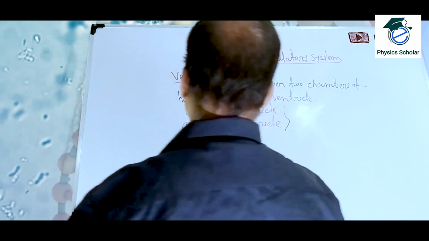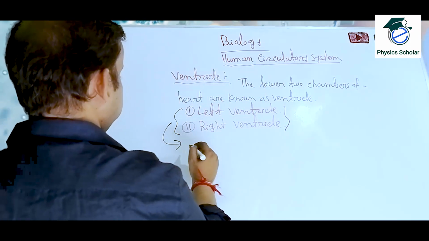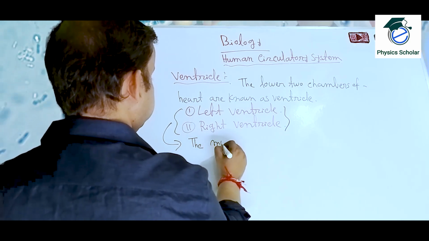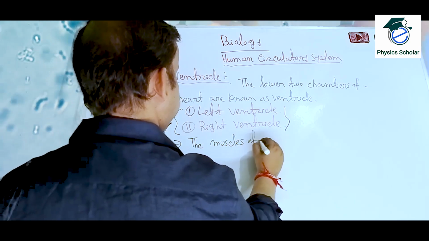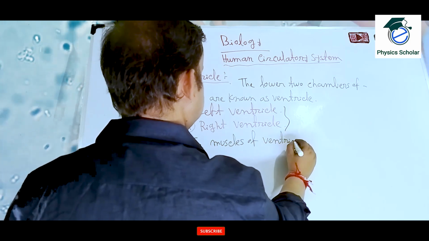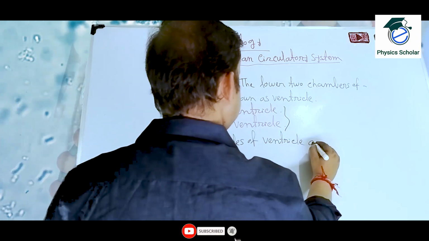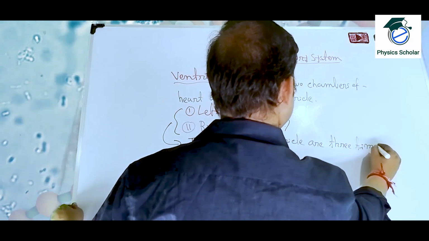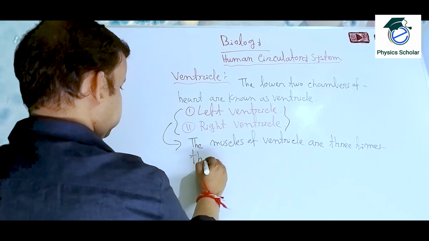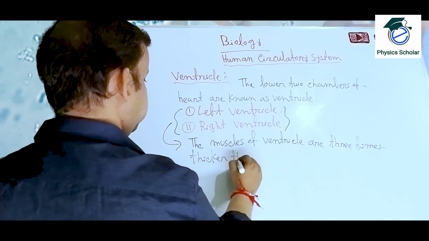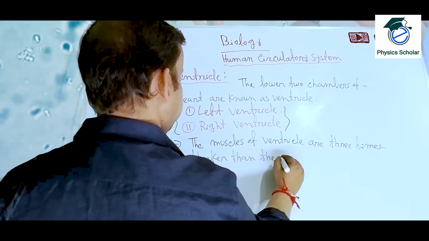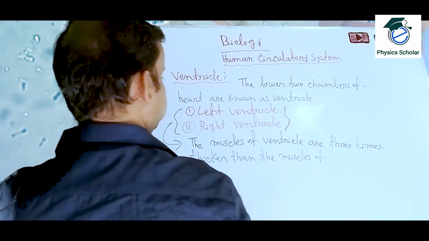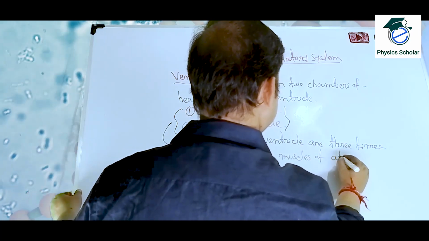So in case of the ventricle, it is common that the muscles of the ventricle are three times thicker than the muscles of the atrium.